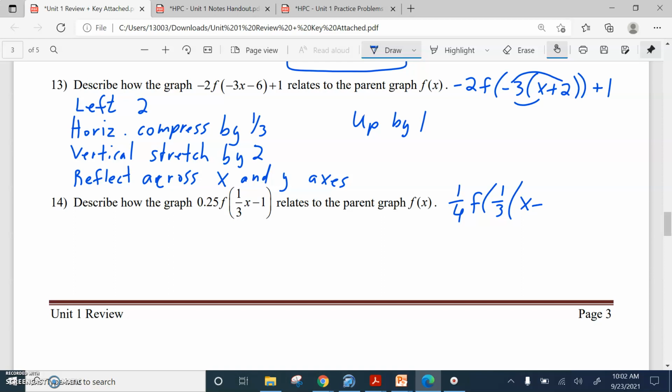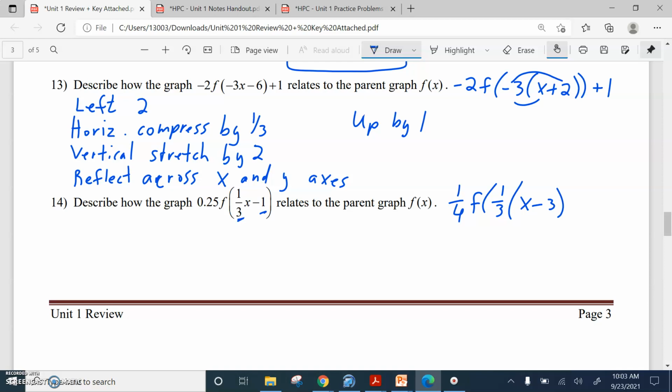Well, typically, the general form of this is to take the inside number divided by the number you're factoring out. And that's how you know what number to put in here. So 1 divided by 1/3, which is the same as 1 times 3, so x minus 3. And we check that again, 1/4 out front, f of 1/3 x, and 1/3 times 3, that's minus 1.